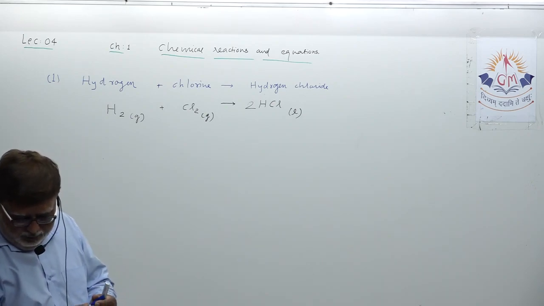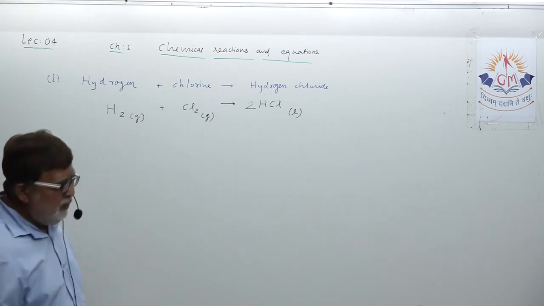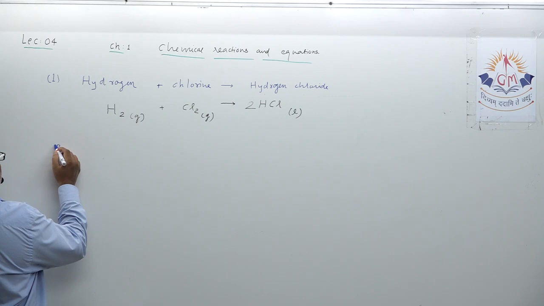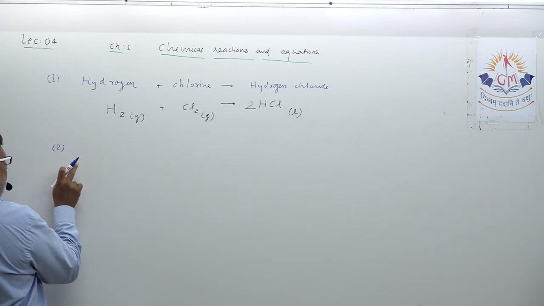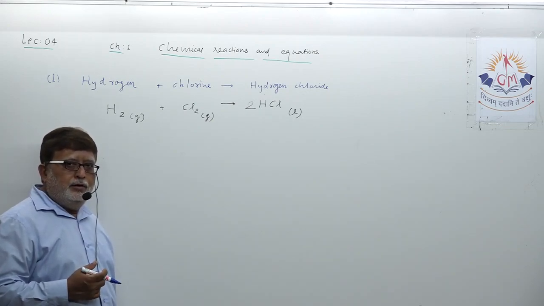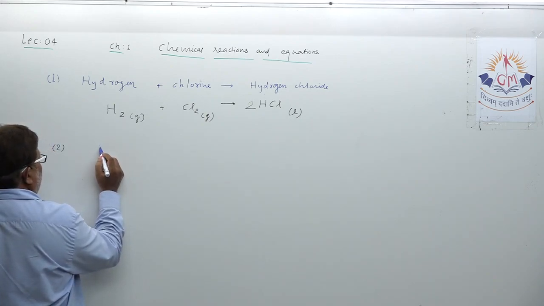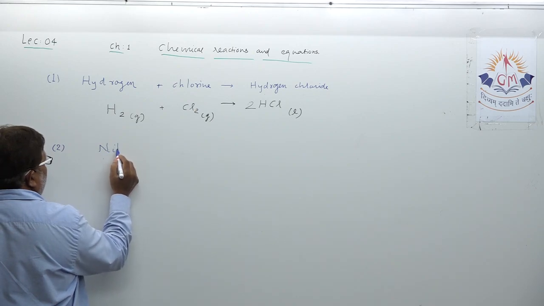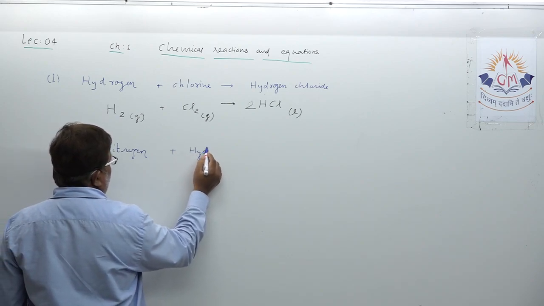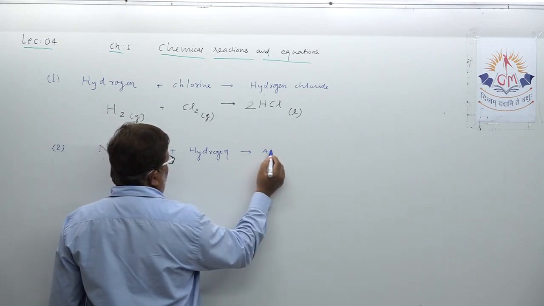Okay, I will take some more equations also so that it will help you understand the balancing of chemical equations. Okay, I am writing another one. Here in this reaction I will give you a little time so that you can try to balance that equation. I am writing the word equation initially. Nitrogen plus hydrogen gives ammonia.